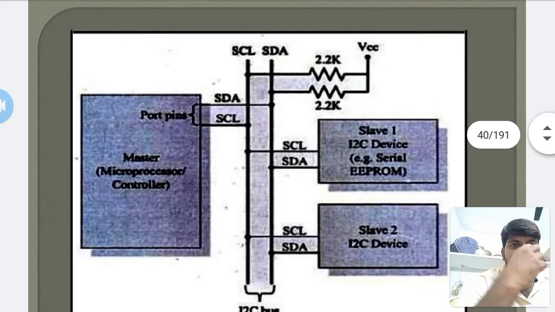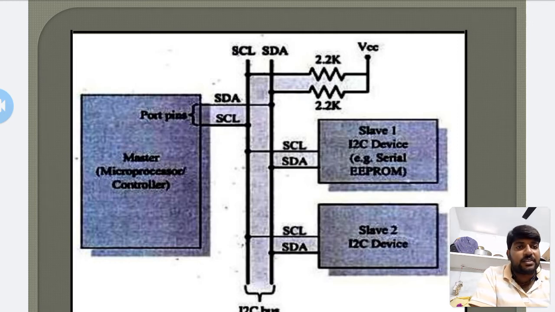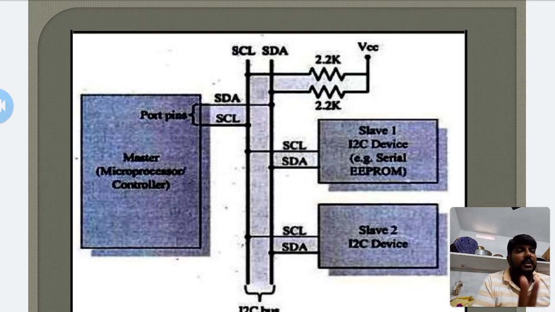I2C means there is a master and a slave. Here we see the I2C master and slave. The master is a microcontroller and the slaves are the devices. For communication between the microcontroller and the internal devices, we use two major lines, SDA and SCL.